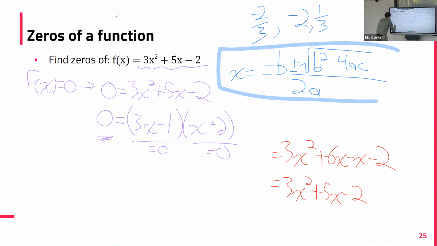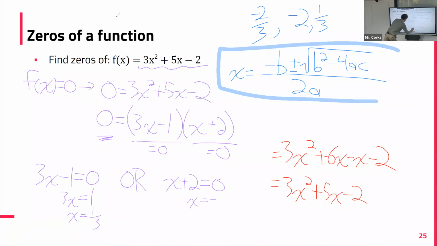So if we just rewrite that, 3x minus 1 equals 0, or x plus 2 equals 0. Then we can do some very simple rearranging and solve for x. So 3x equals 1, x equals 1 over 3, and here x equals -2.